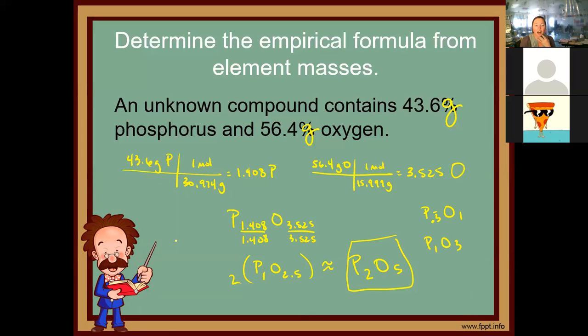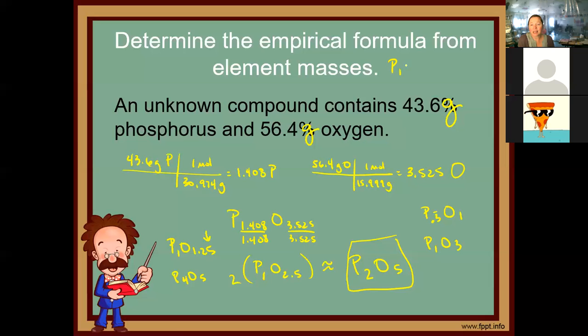What if I got P1, O1.25? What could I multiply to get rid of 0.25? 4. By 4. P4O5. So, my friends, there's a little bit of gray logic involved at the end of this.